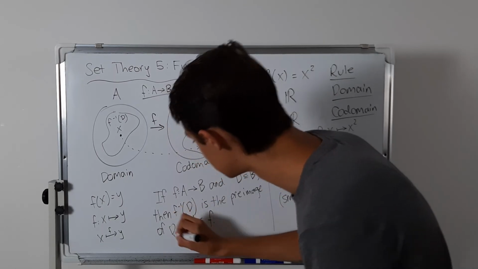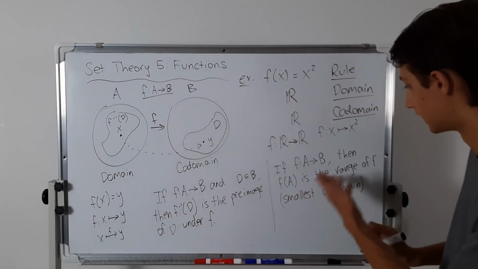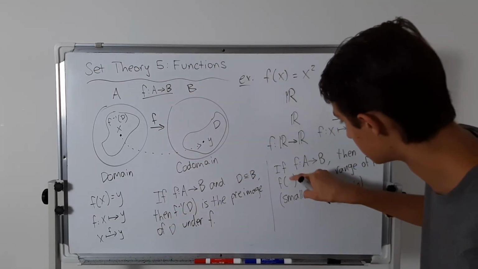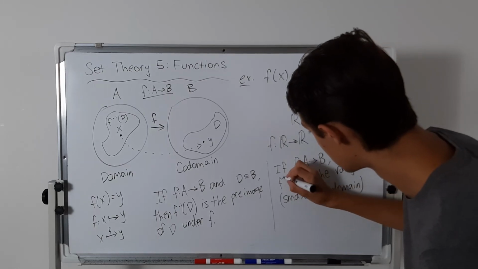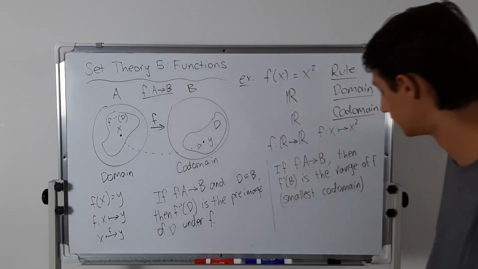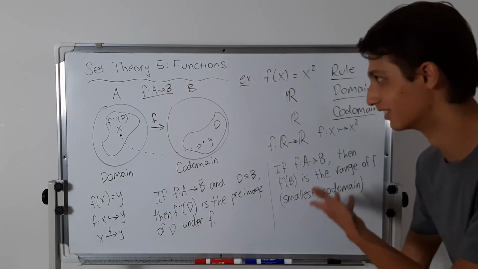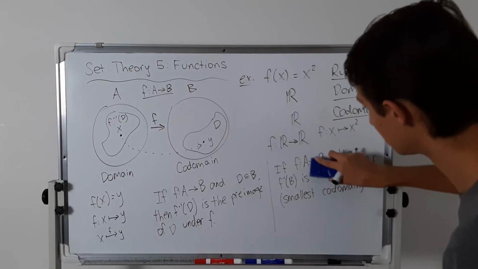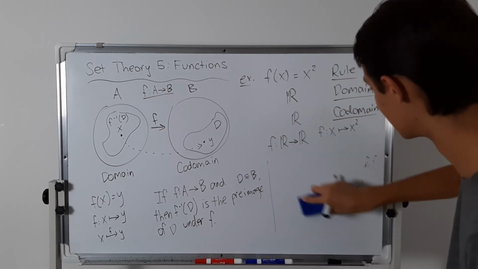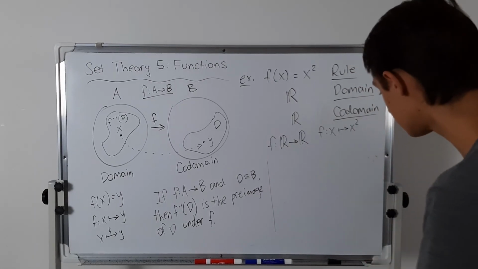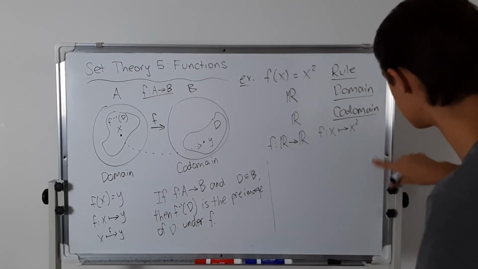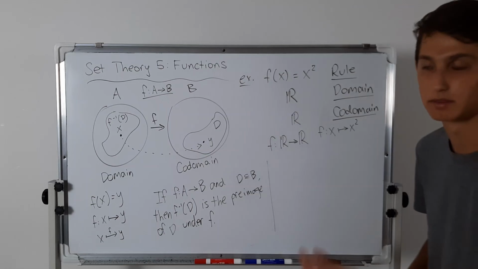That's basically the same idea. And then f inverse of B, actually there really isn't any sort of pre-range, so let me get rid of that. Let me write some specific definitions now.